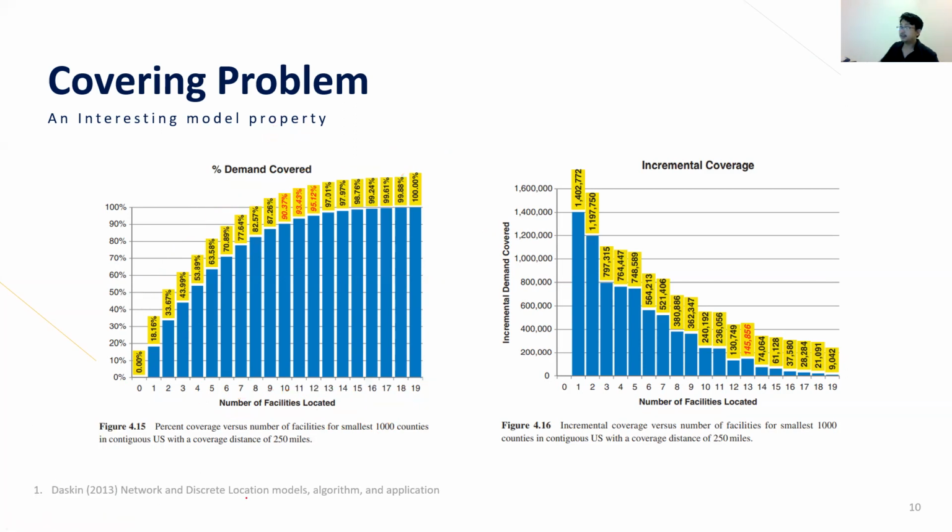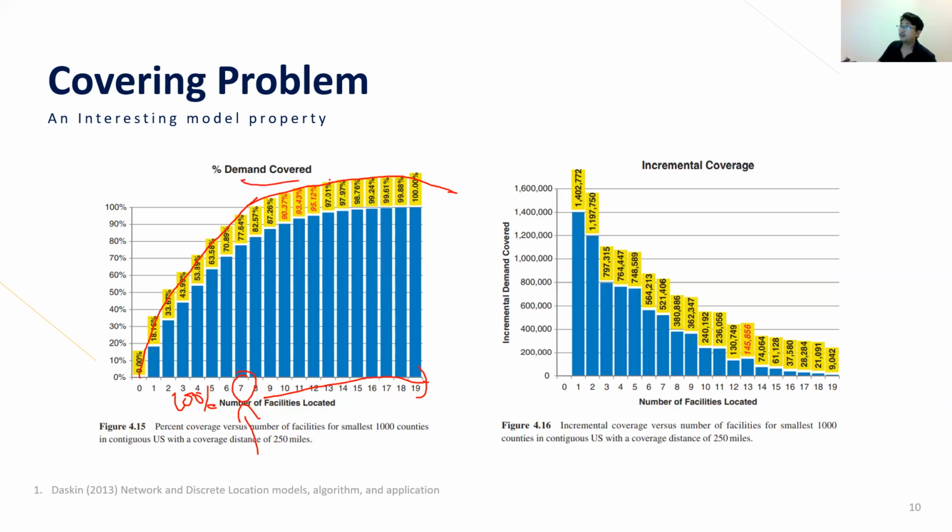For example, here the number already reaches 100, something like that. So let's say if you already get 100% with 7 facilities, it's useless to allocate more facilities. It just increases the cost, as it will ask you to allocate more resources if you use more facilities.